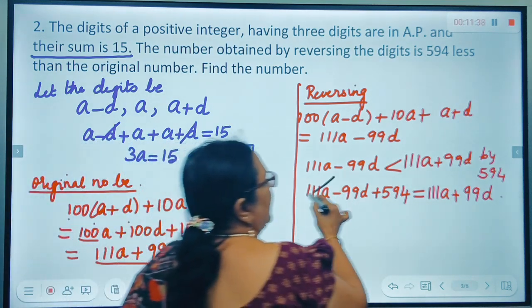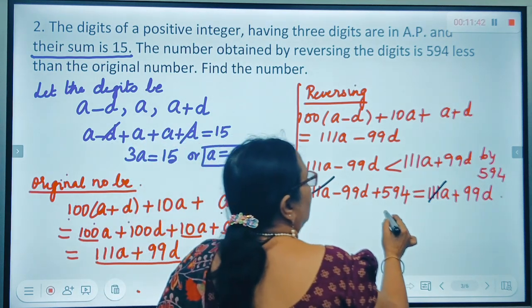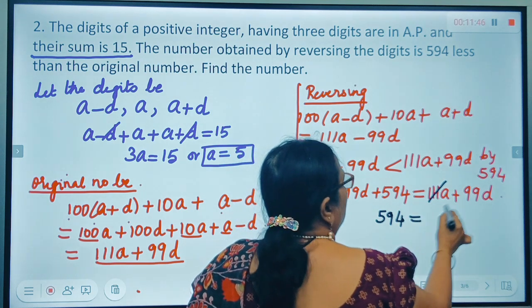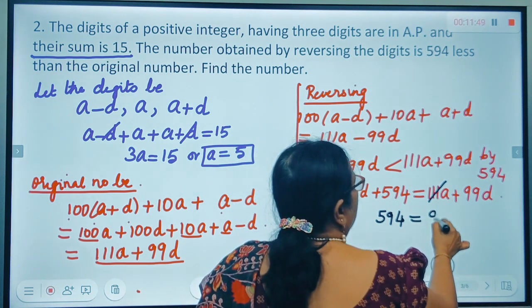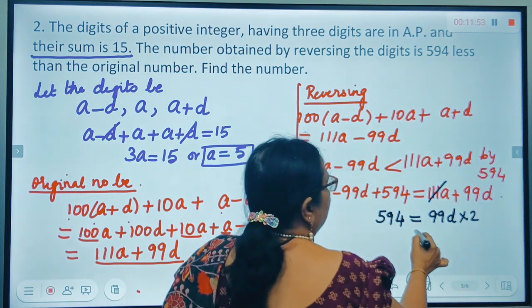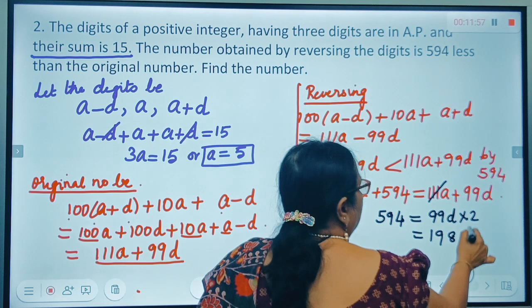Now 111a gets cancelled. So 594 is equal to 99d plus 99d, which is 99d into 2, which is 198d.